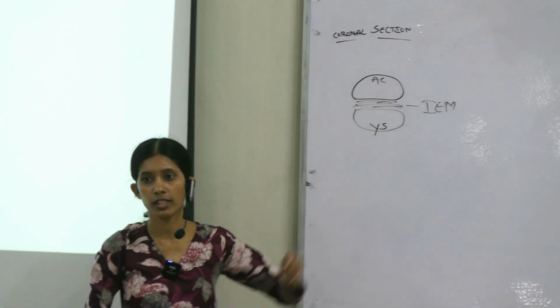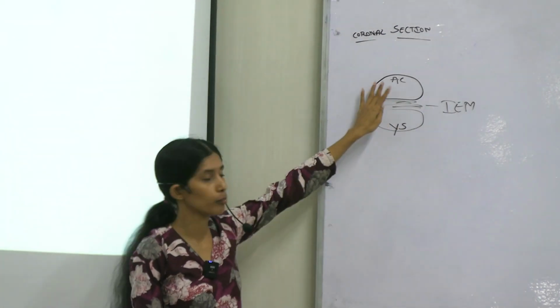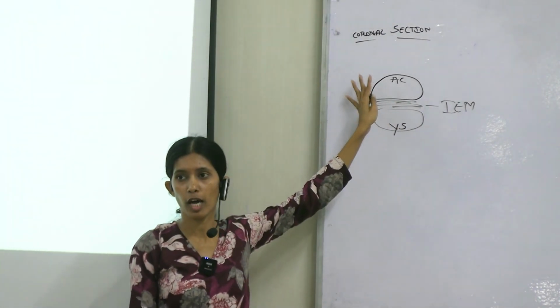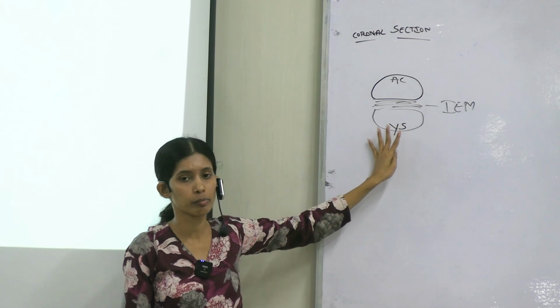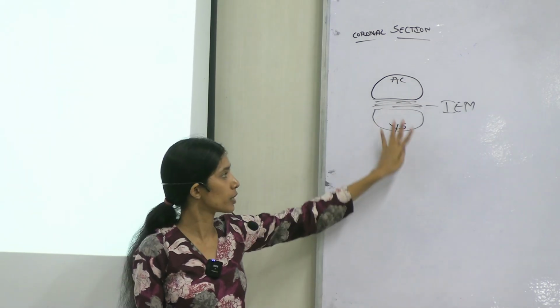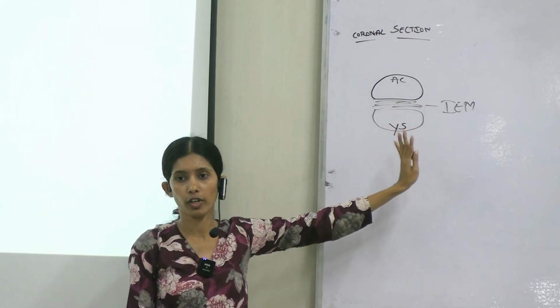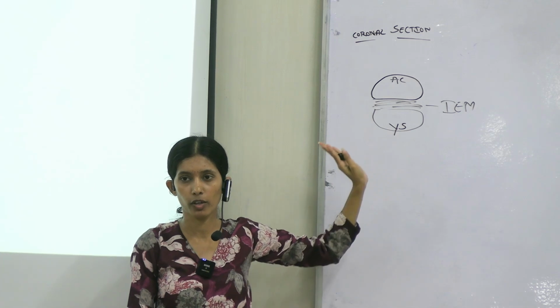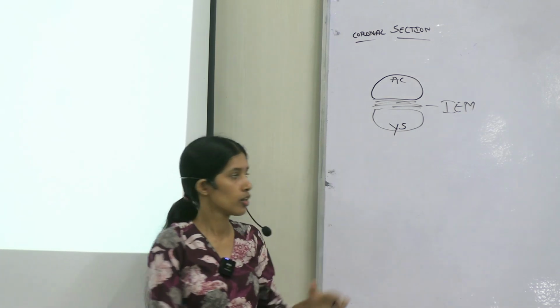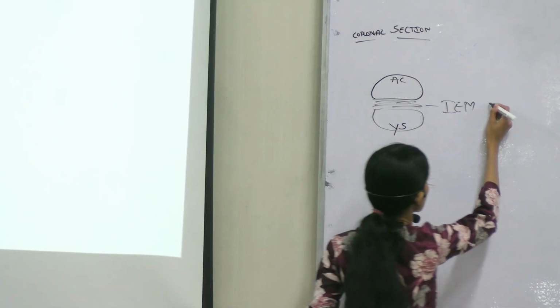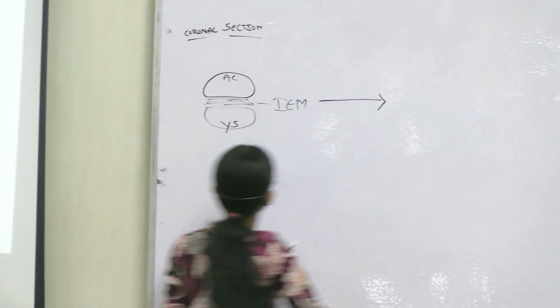Okay, this is the coronal section of your developing embryo. On the upper part we have the amniotic cavity and in the lower part we have the yolk sac. In between we have the intraembryonic mesoderm. This part we have already seen in our last class. We will see how the lateral foldings take place from this.